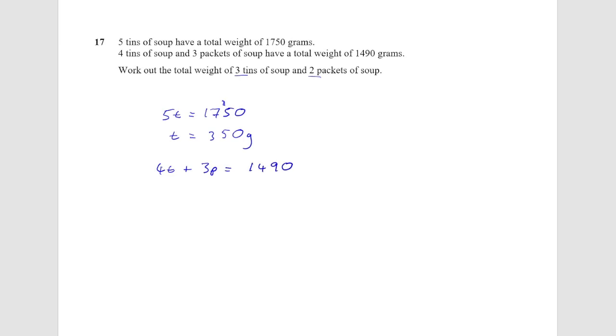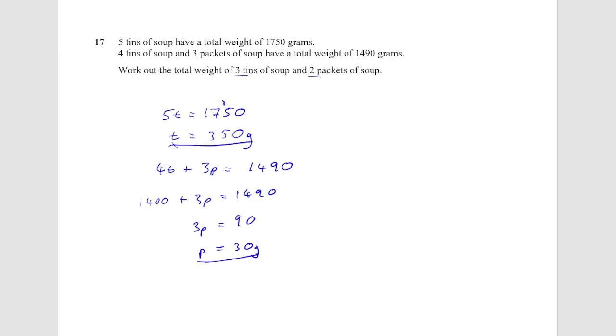So if we say that t is 350, then 4 times 350, 350 doubled is going to be 700, and then double again is going to be 1,400. Plus 3 lots of the packets is equal to 1,490. So that leaves 3p is going to be equal to 90. So each packet of soup is going to be 30 grams.